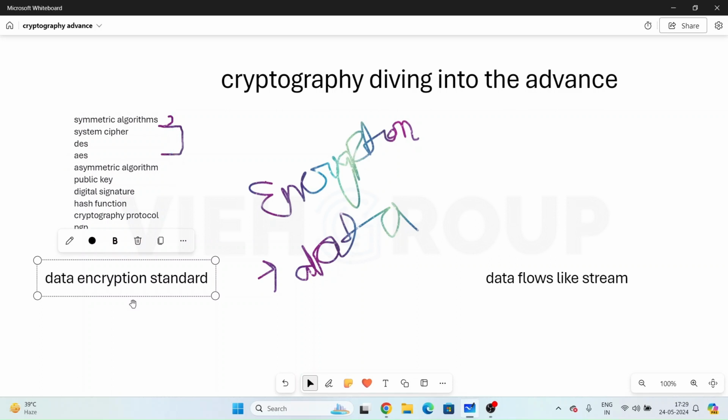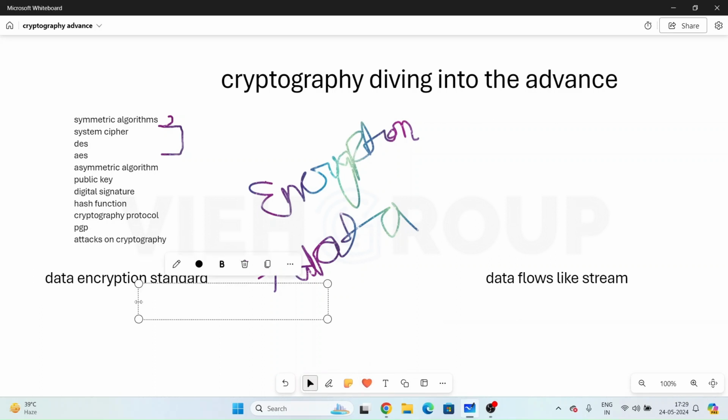Okay, AES, the Advanced Encryption Standard. If you can understand AES, you can differentiate more easily between AES and DES. I'm going to write the full form of AES: Advanced Encryption Standard.